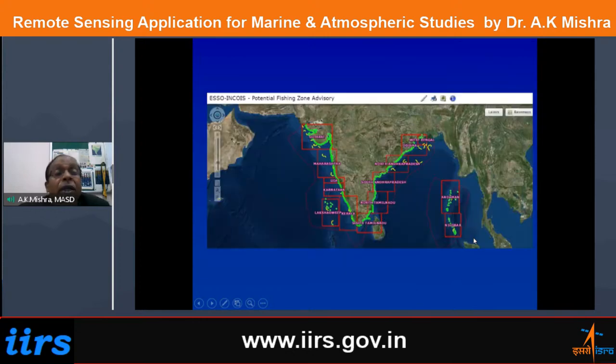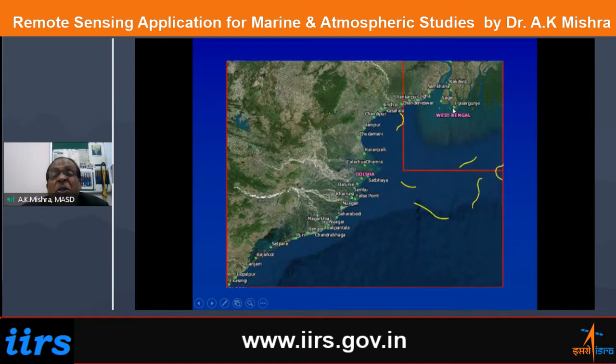So the Indian National Center for Ocean Information Services provides the potential fishing zone advisory to the coastal areas on a regular basis, and these frontal zones are being utilized by the fishermen community to go for fishing.